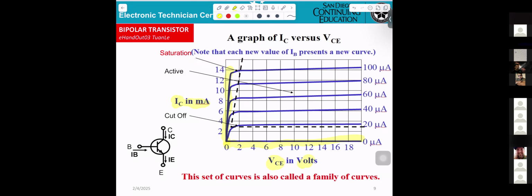Now what is this here? It stands for IB: 20, 40, 60, 80, 100 microamp.